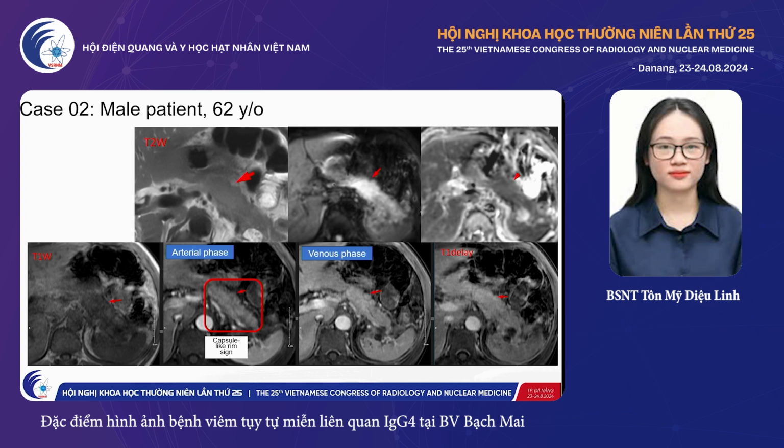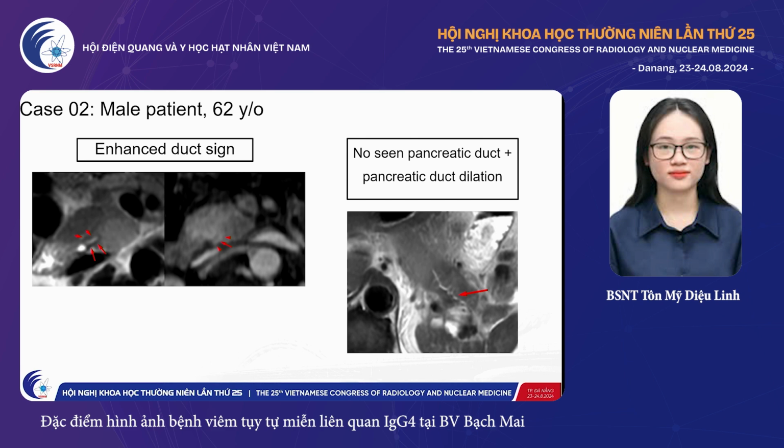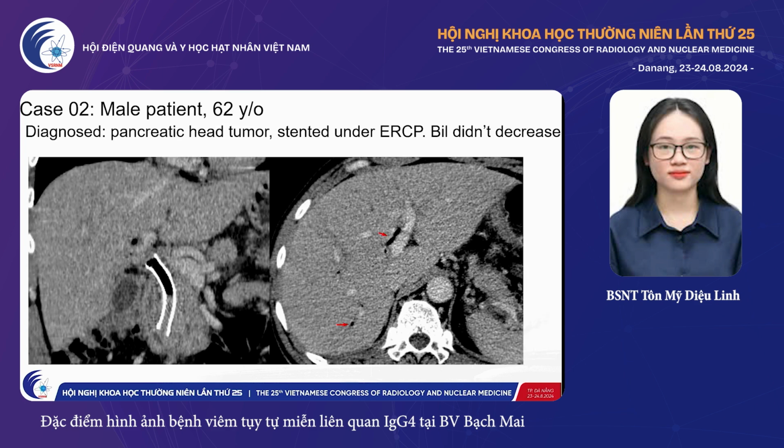In addition, there is a hypointense rim around the pancreas called the capsular rim sign, due to dense fibrosis around the AIP area. The pancreatic duct is narrowed in the head, not visible in the body, and dilated in the tail of the pancreas. The biliary tract lesion is a dilation with long alternating stenosis segments.